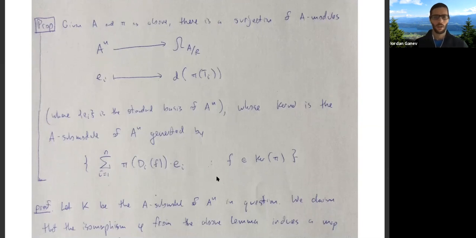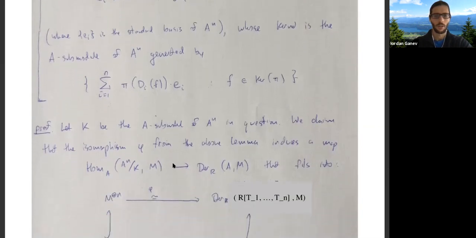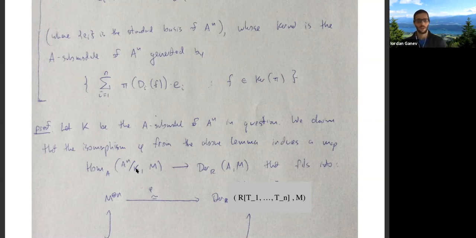Let's call it K. What we want to show is that, using the universal property of the Kähler differentials, this characterization of Kähler differentials as representing derivations, A to the n mod this K also has this universal property as a representing object for derivations, and then that'll allow us to conclude that they're actually the same.